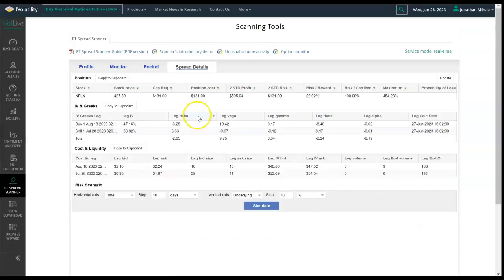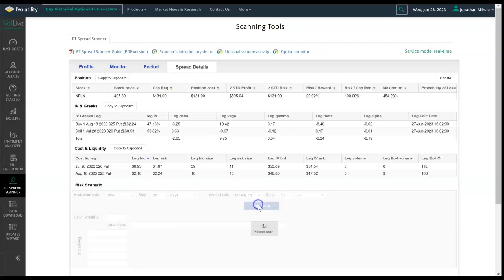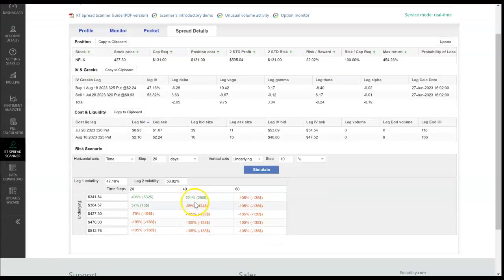And so if we click on this and we come to spread details, we'll see some interesting things. Of course, the ticker symbol, we have our implied volatility, we have our different Greeks, and these are broken down per leg. We have our tool here where we can simulate our P&L. So, this expires in August and in July. What if we did 20 days on the time increment and then underlying prices by 10%?